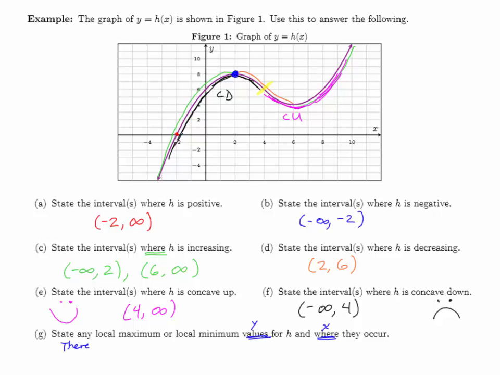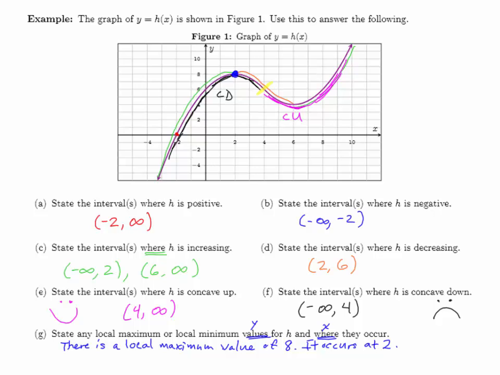So there is a local maximum value of 8. And we could just say at 2, but I'm going to do this as two separate sentences so we get very clear that the local maximum value is 8, and it occurs at 2.